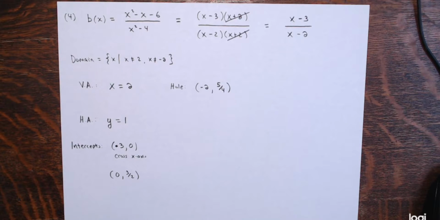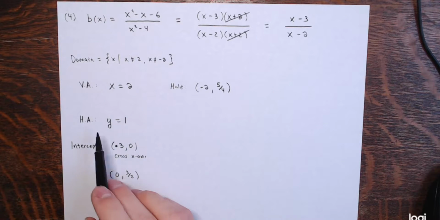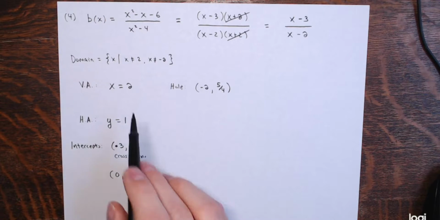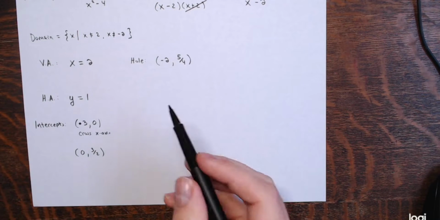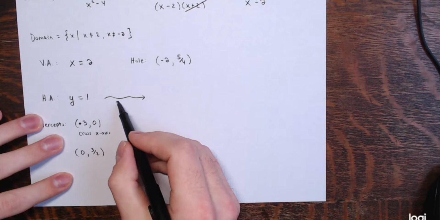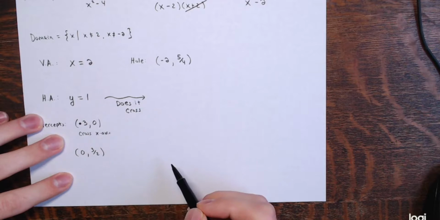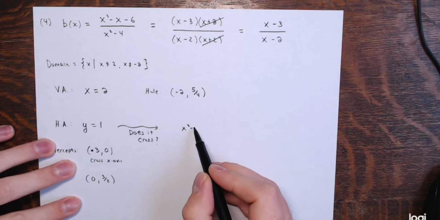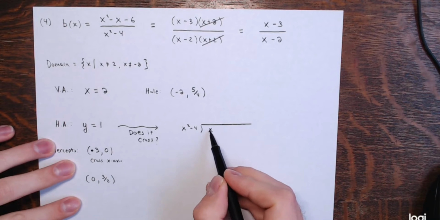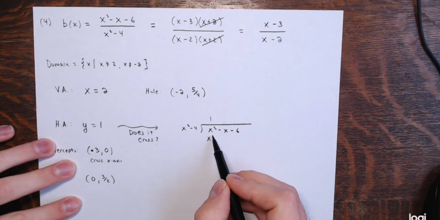This should be enough. Now, if you want to determine, does it cross the horizontal asymptote? Let's divide. And you know what? I'll just do it here. Does it cross the horizontal asymptote? Well, if you divide these, you get 1, and times that would be x squared minus 4.